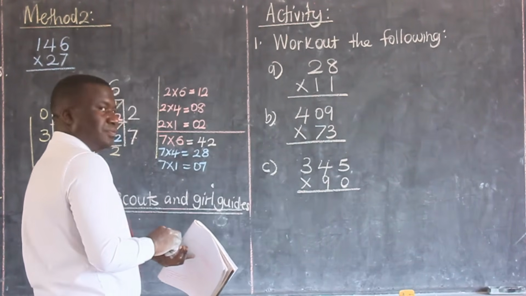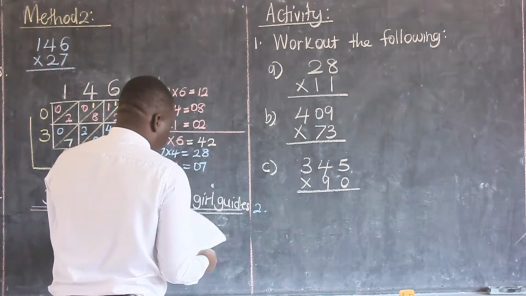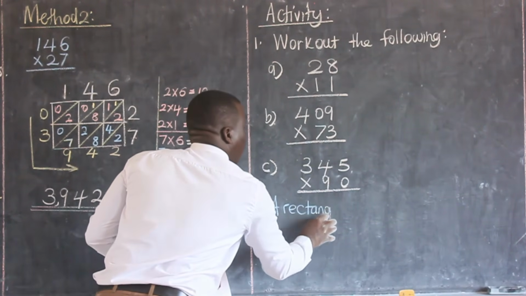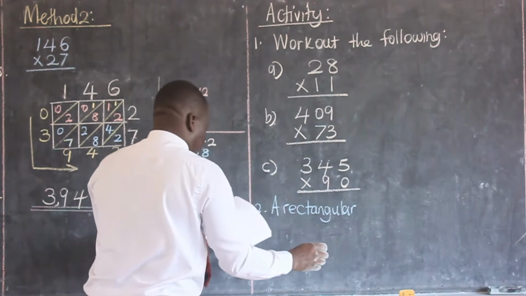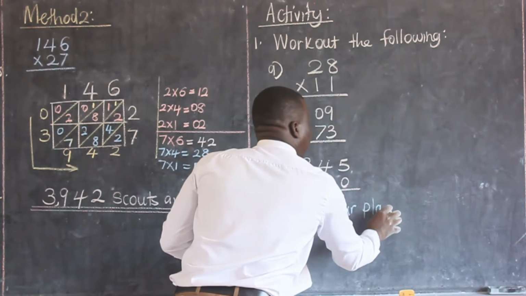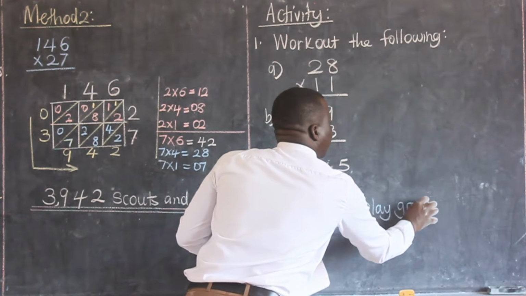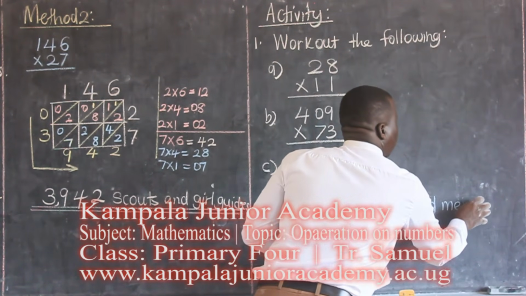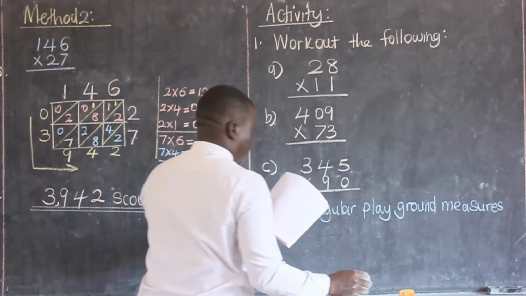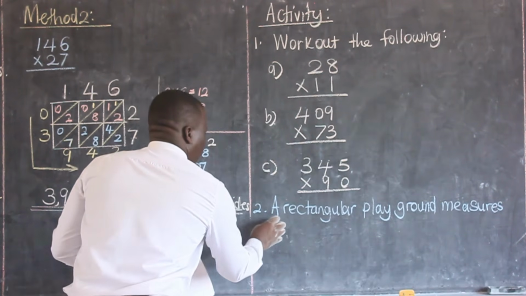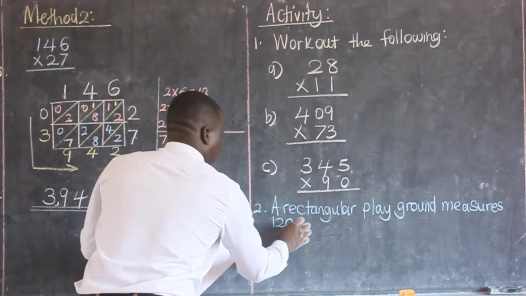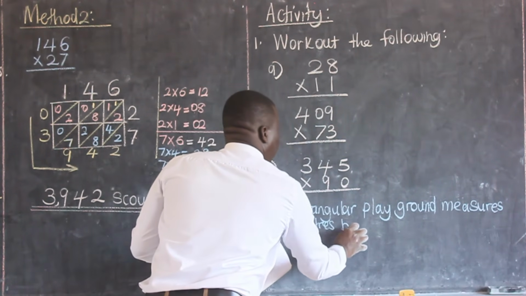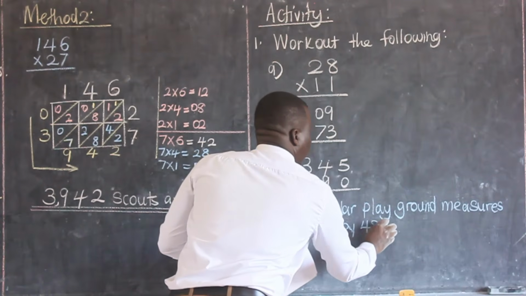Number 2, a rectangular playground. A rectangular playground measures 120 meters by 48 meters.